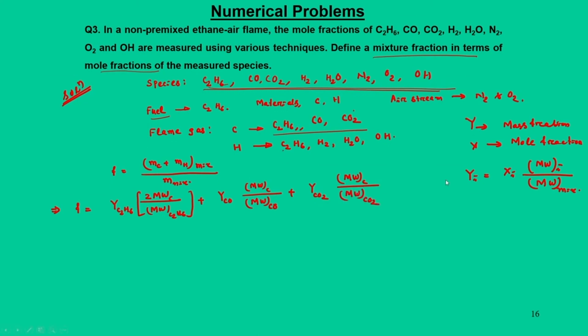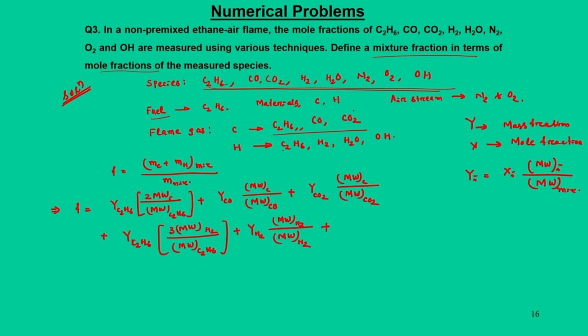Next we go for hydrogen: plus Y C2H6 times 3 molecular weight of H2 divided by molecular weight of C2H6. The next is H2 itself: Y H2 times molecular weight of H2 divided by molecular weight of H2.